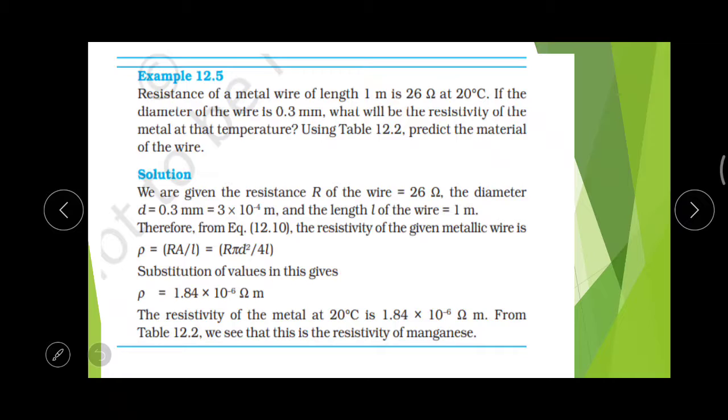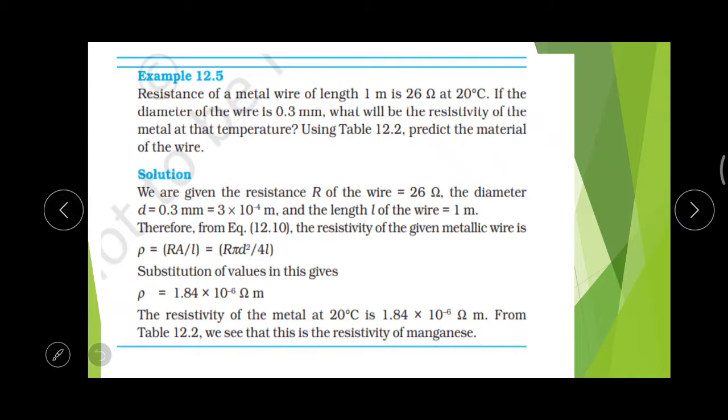Then only you can find the value of the cross-sectional area of that wire. What will be the resistivity of the metal at this temperature, 20 degrees Celsius, at a constant temperature? You have to find out the resistivity of that material.